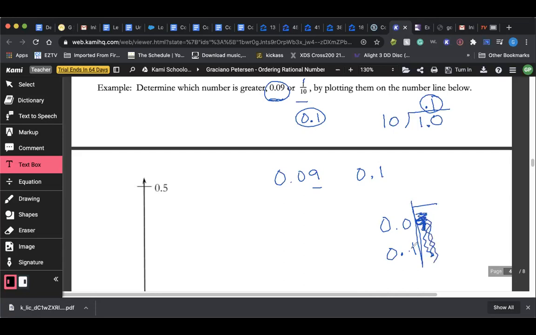All we see is that 1 is bigger than 0, and this is enough for this number to be bigger than that number, okay? We have to compare place value to place value when we compare our decimals, all right? So that 9, nobody cares about that 9 yet. We haven't gotten to that 9. We're still at the tenths place, and in the tenths place, that 1 is bigger than that 0. So 0.09 is less than 0.1.